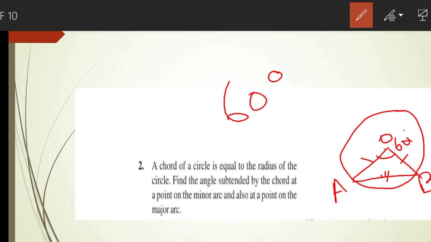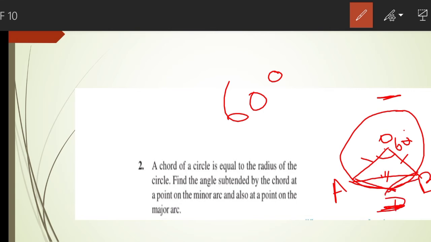Then what is asked? Find the angle subtended by the chord at a point on the minor arc as well as a point on the major arc. So if AB is the chord, the minor arc is over here. This side is the minor arc and the major arc is on this side. So we need to join A and B with a point.